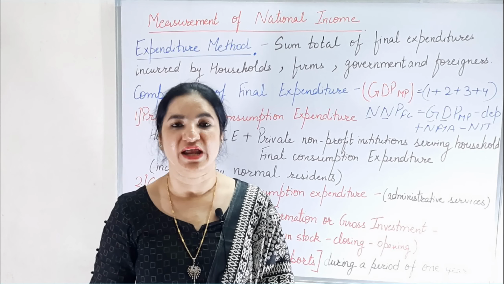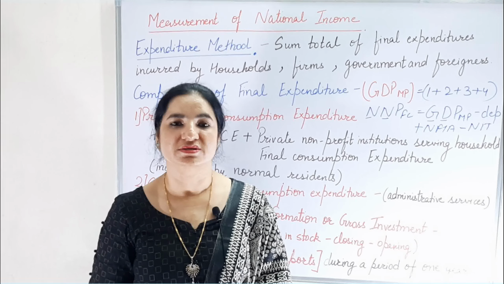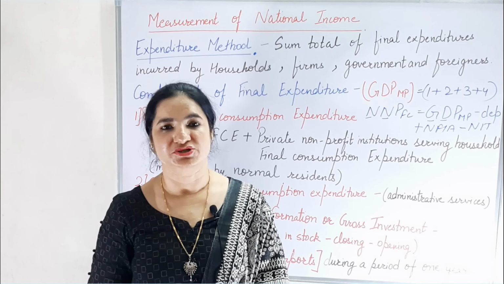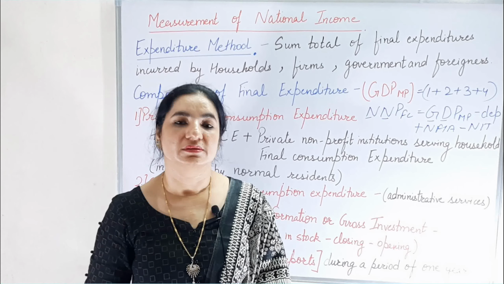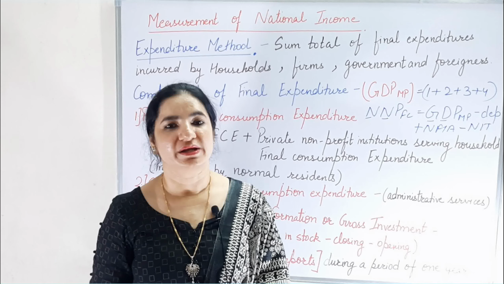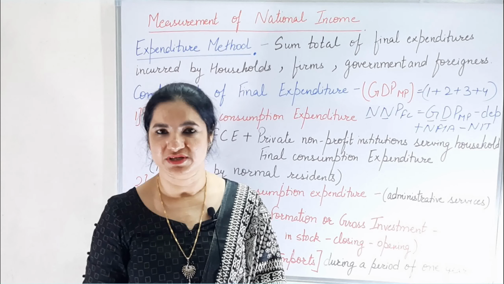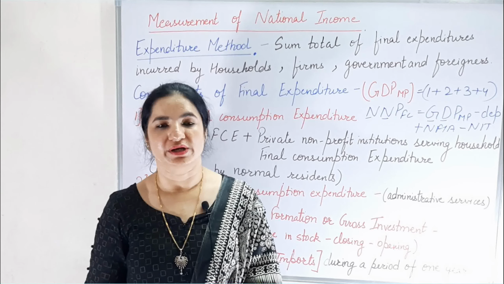Next is purchase of financial assets. Financial assets means shares, debentures or bonds of the organization. This will not be included, but in the same way the commission or the brokerage paid for purchase and sale of such bonds, debentures or shares will be included.